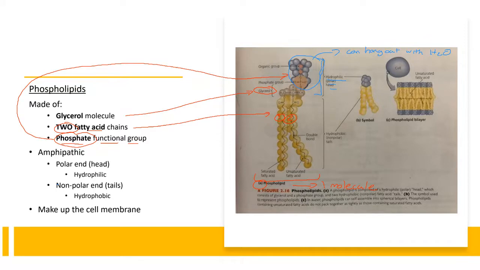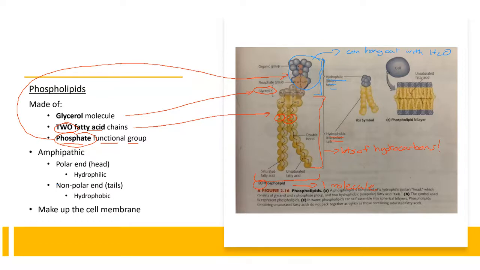This other part of the molecule is made of a lot of fatty acids, a lot of hydrocarbons. Okay, so it's going to be hydrophobic, nonpolar.